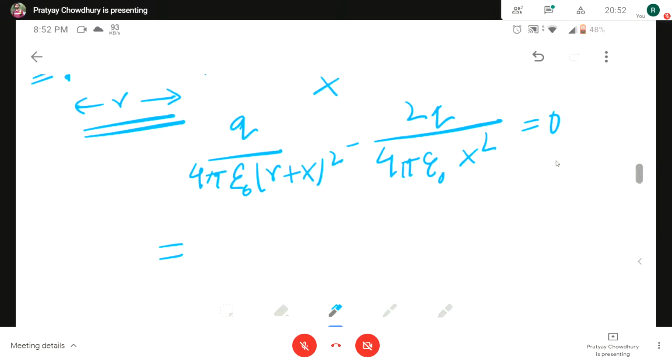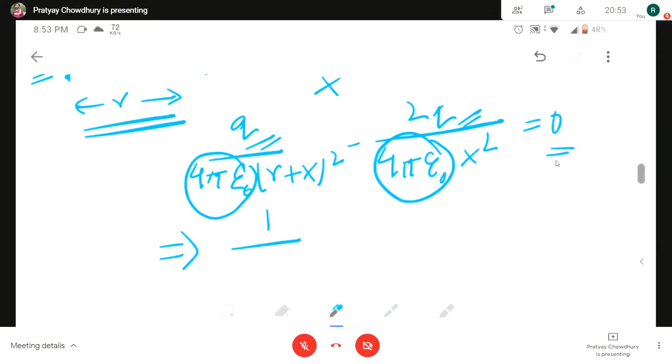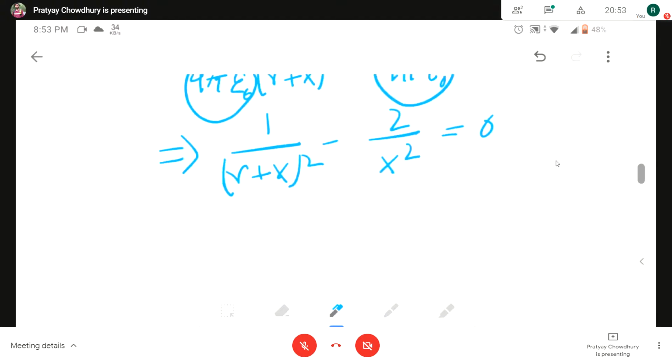And we can cut the 4 pi epsilon naught, because there is 0, and we can also cut this q. So what remains is 1 over (r plus x) whole square minus 2 over x square, which is equal to 0.